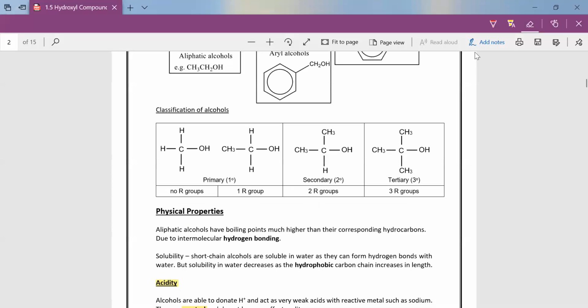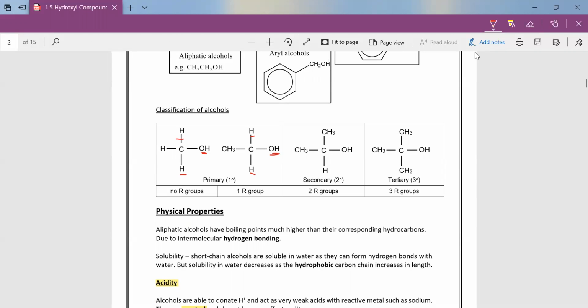Let's take a look at how we actually classify alcohol. Classification of alcohol is important for our syllabus. Primary alcohol: the OH is bonded to a C which has at least two other H bonded to it.